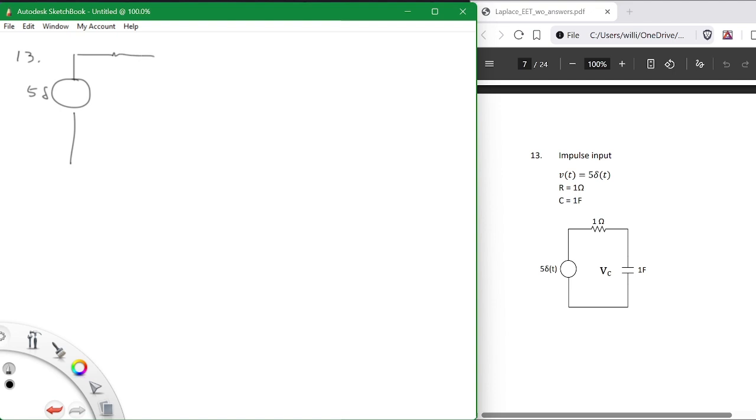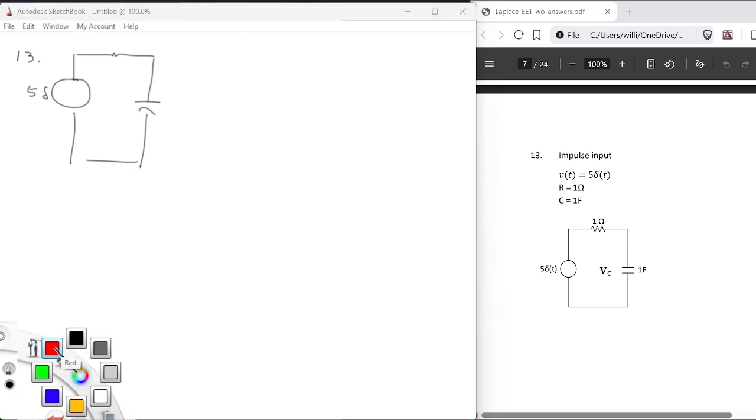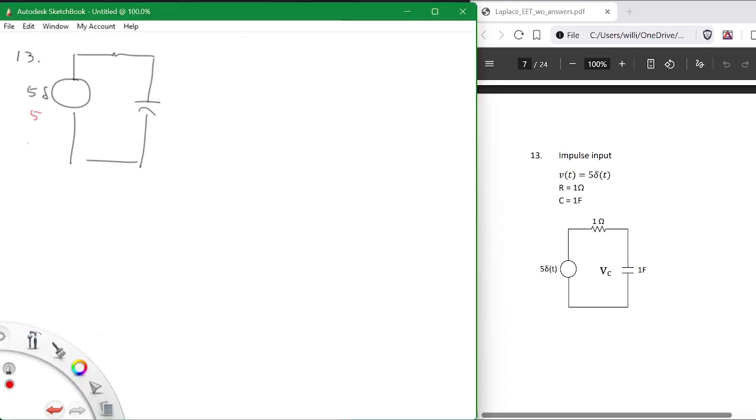And then we've got a value up here, and we've got a capacitance down here. This is not 5 over s anymore, it's just 5. This is 5 up here, and this is 1 over s. What could be simpler, right?